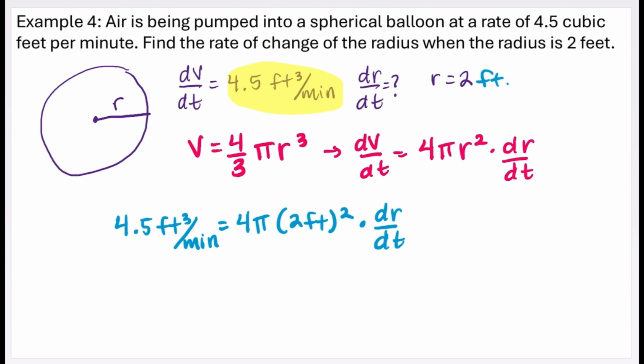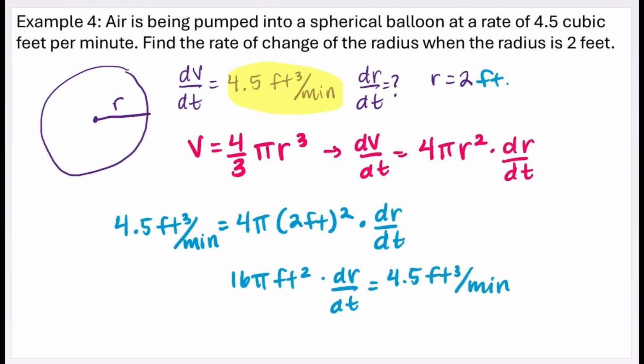So I'll have 16 pi feet squared times dr/dt equals 4.5 feet cubed per minute. Then I'm going to divide by the 16 pi feet squared. That's going to bump it down to just be feet per minute. So it'll be 4.5 over 16 pi feet per minute.